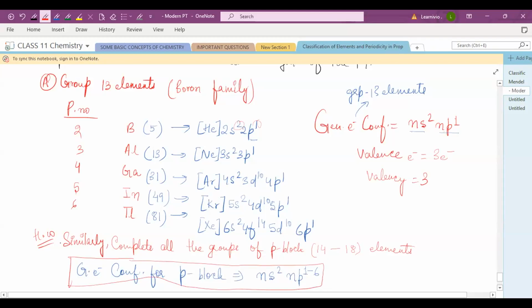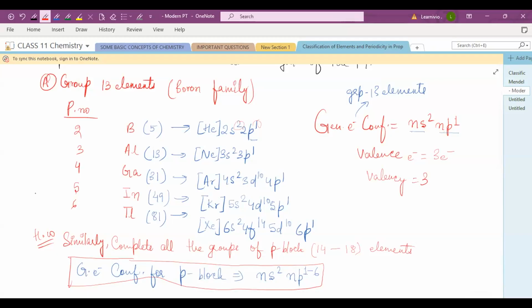Yes, ma'am. Yeah, so that's your homework. Complete all the groups of P block elements. I have mentioned one group here, group 13. आपको क्या करना है? 14, 15, 16, 17 and 18. Similarly, write down the name of the element, its atomic number, its period number, electronic configuration, the general electronic configuration, and valence.